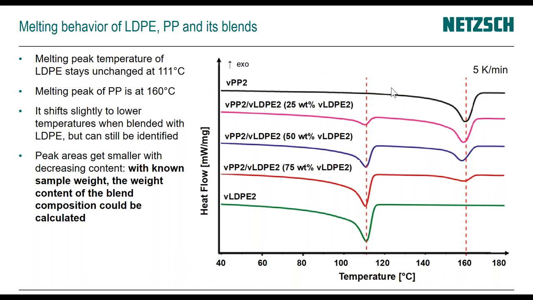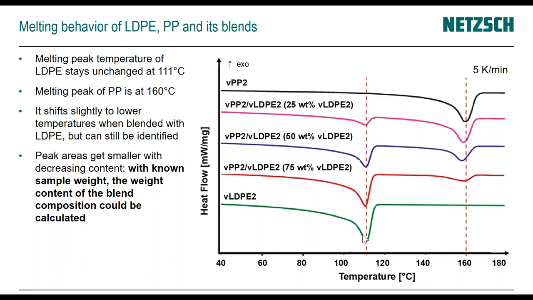So on the right, you see a graph of the melting behavior, the heat flow as a function of temperature for 100% LDPE in green, 100% polypropylene in black, and then the blends of different compositions in between.